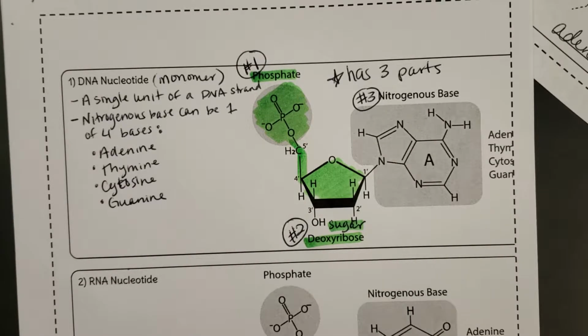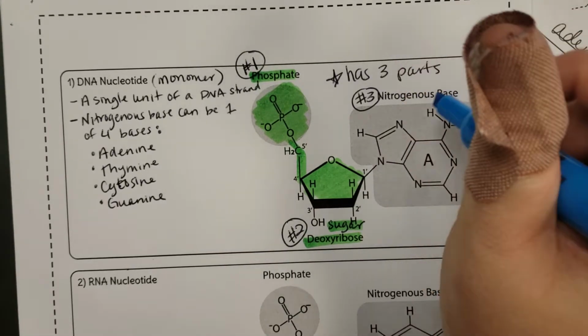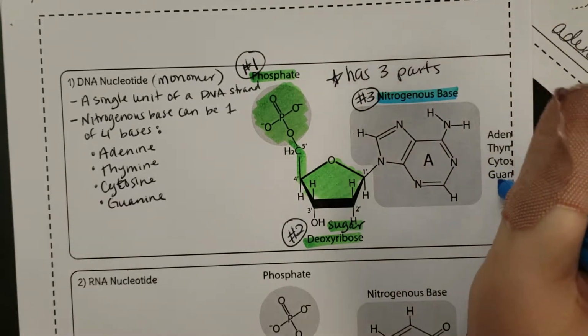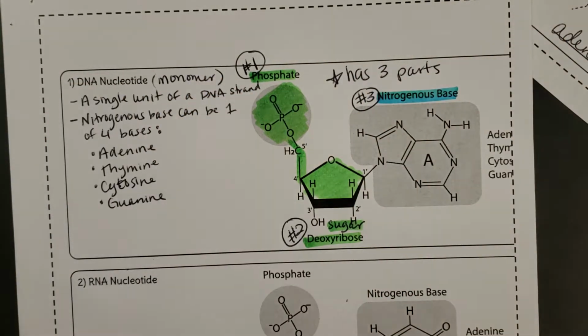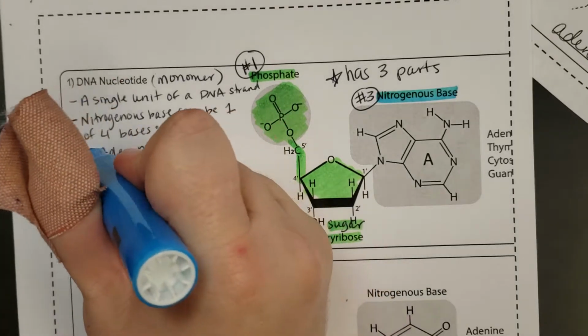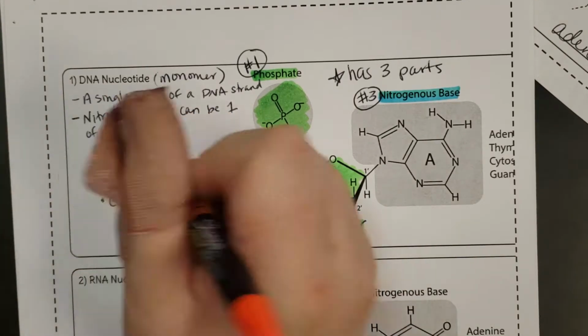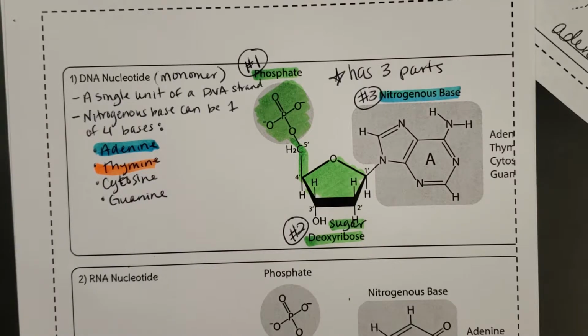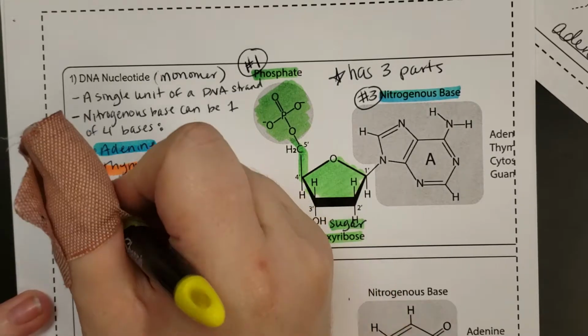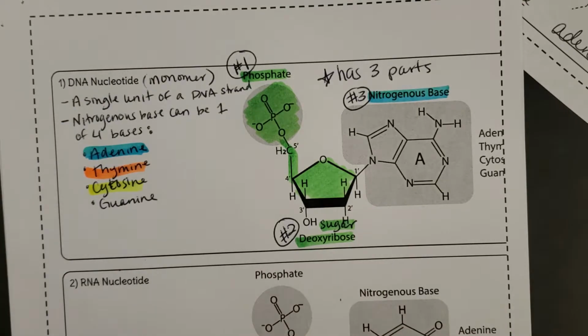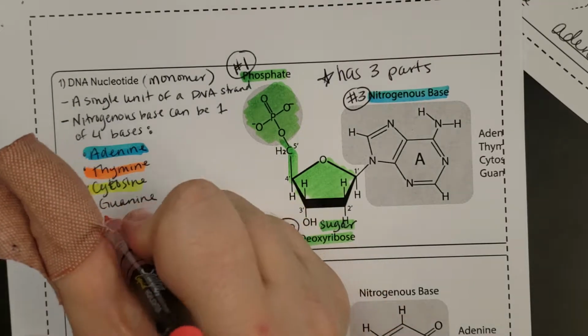Then our third part, which is the nitrogen or nitrogenous base, this can be any of these right here. So it can be an adenine, it can be a thymine, it can be, sorry, lost my yellow for a second, a cytosine, or it could be a guanine.